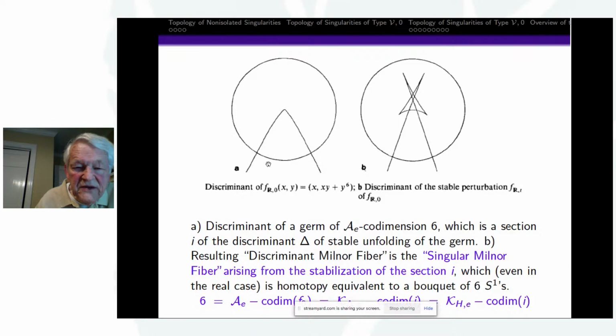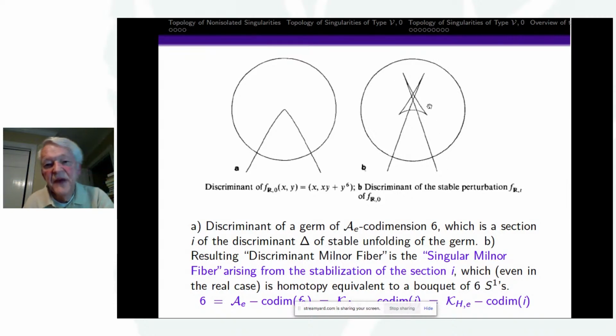This simple looking discriminant is not very interesting. It's the real picture. All right. But if we deform the mapping, we're going to deform its discriminant so that the discriminant becomes a stabilization of the section of the stable unfolding. And what we get is this picture right here.